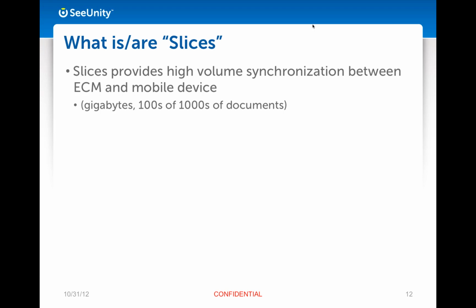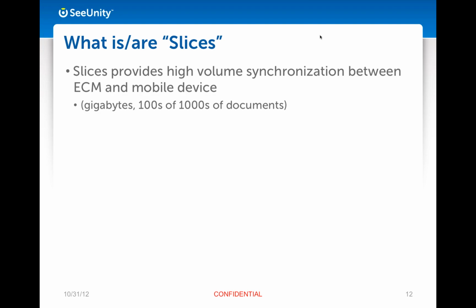So when I say Slices, we've actually named the application from this concept of what a slice is in the app. And slices are objects that represent anywhere from a folder to multiple objects, and they provide high volume synchronization between an ECM system and a mobile device.